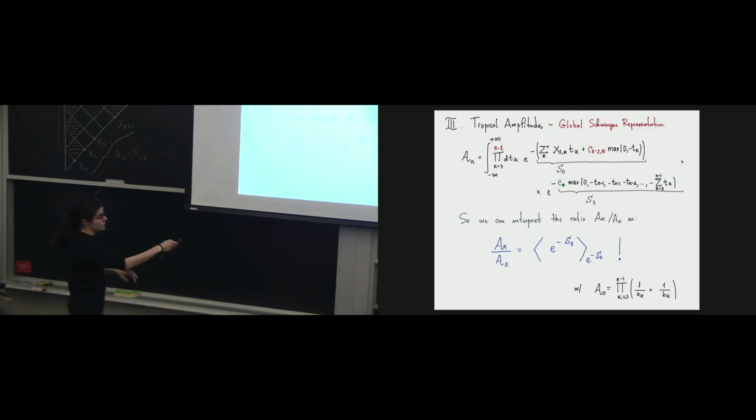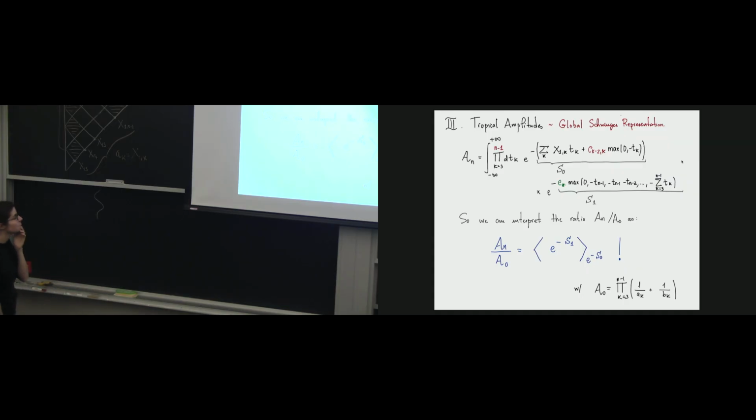After defining a naught, it's natural to look at the ratio of an over a naught and interpret it as the expectation value of e to the minus s1 under the probability distribution given by e to the minus s naught. This is just a way of rephrasing what the amplitude is.